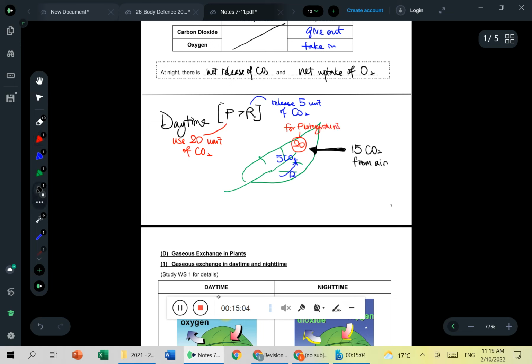And this 15 CO2 is the net uptake of the CO2 from air. Understand? So both the respiration and the air supply CO2 for photosynthesis.